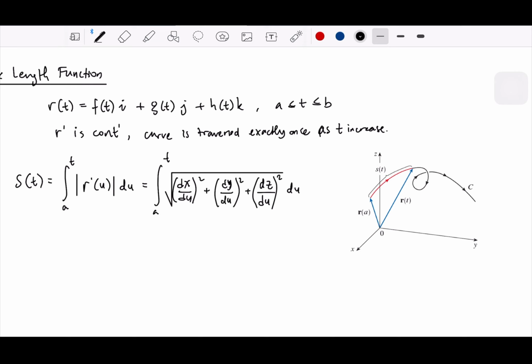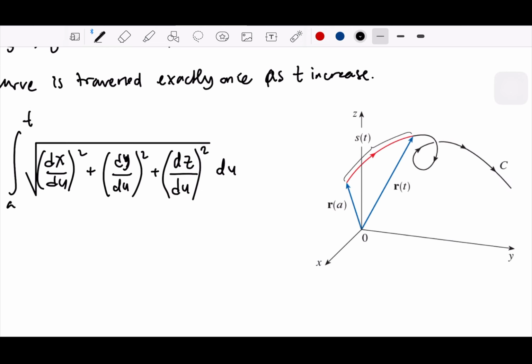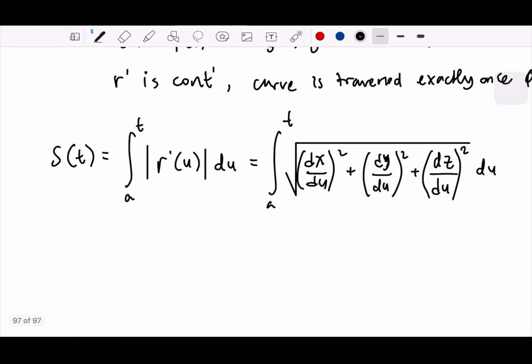So what the arc length function means is you can imagine the curve, and then you take the segment of that curve from the initial point to some variable t, similar to your line segment. So we can make this curve a segmented curve, and we can take that as t.